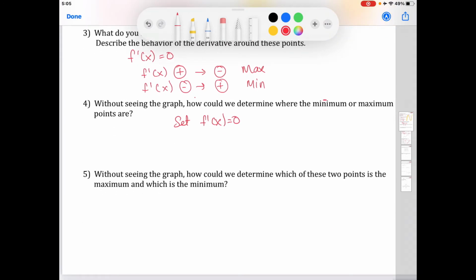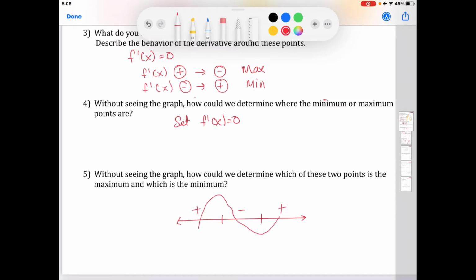Without seeing the graph, how could we determine which of these 2 points is the maximum and which is the minimum? I could have done that by sketching a number line, looking at my critical values, and going from positive to negative to positive, right? When the slope is changing from positive to negative, you will have a max here.